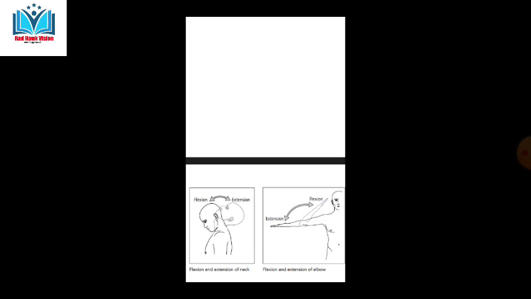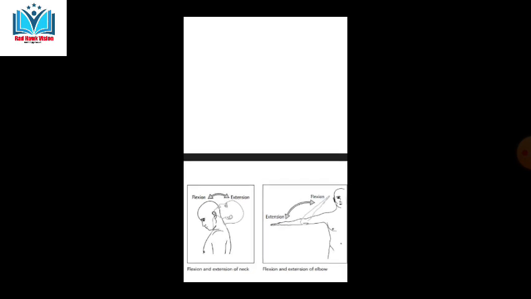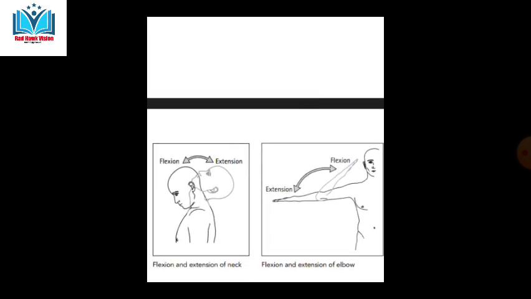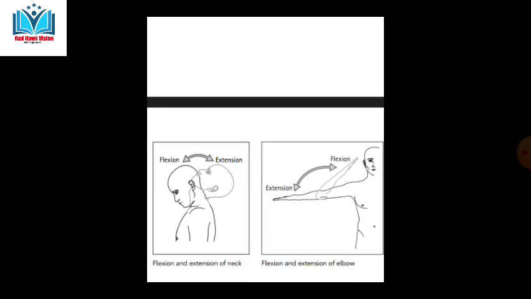So we have this limb position terminology. Here we have the image. In this image you can see the flexion and extension of the elbow. We have also the flexion and extension of the neck.